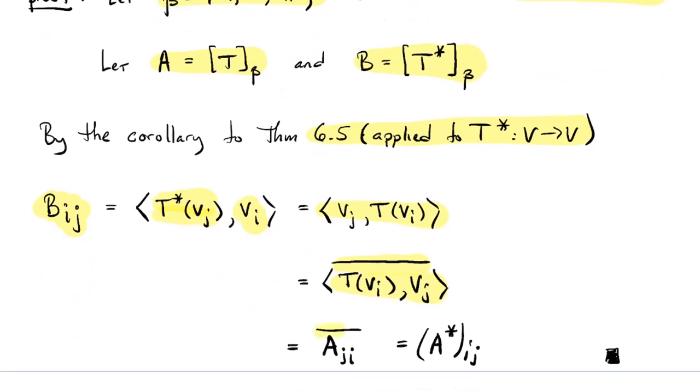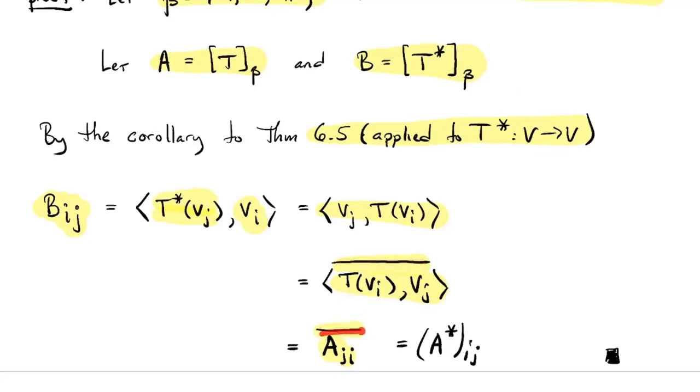That's exactly the conjugate of the entry in the ith column and the jth row of the matrix A, because I'm taking T of Vi, so that's why it's the ith column, and I'm looking at the inner product with Vj, which is why it's the jth row, with the complex conjugate over the thing.